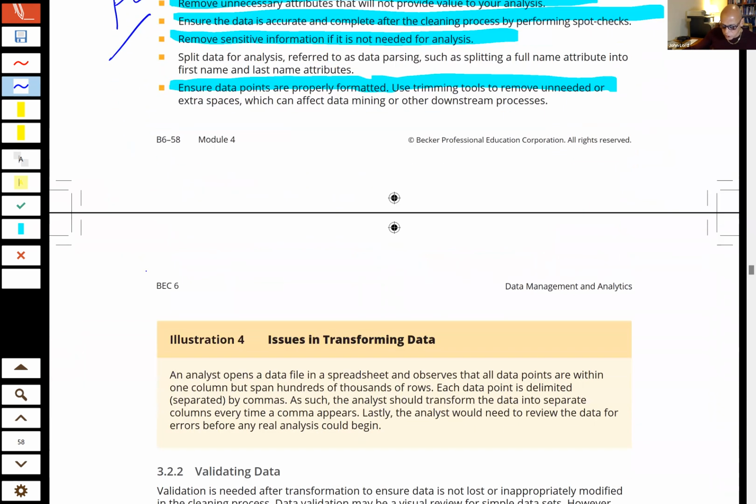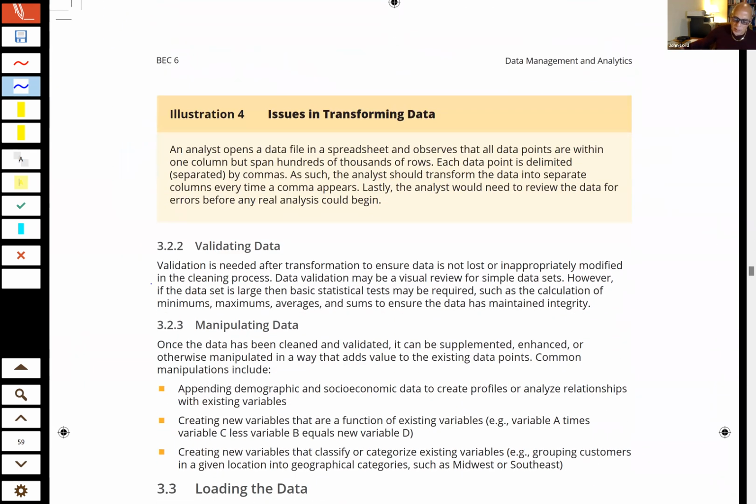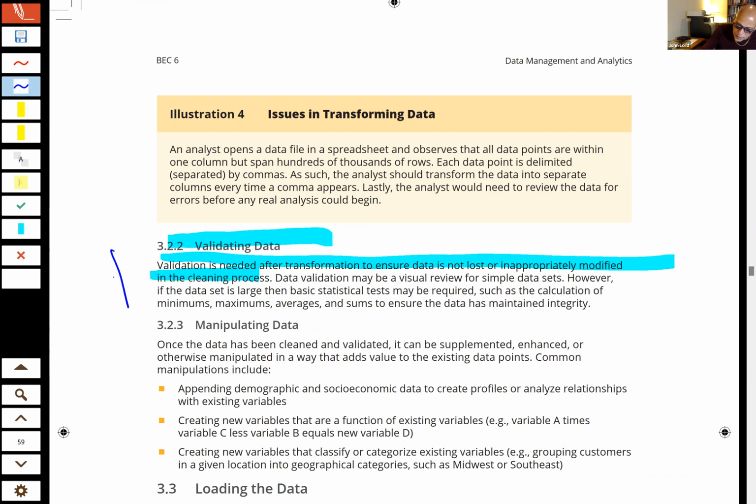Then once you have that data clean, you can validate the data. Okay, so make sure the data is not lost or modified in the cleaning process. You can go ahead and flashcard what you're trying to achieve there. And then of course you start to manipulate that data, as we have mentioned.